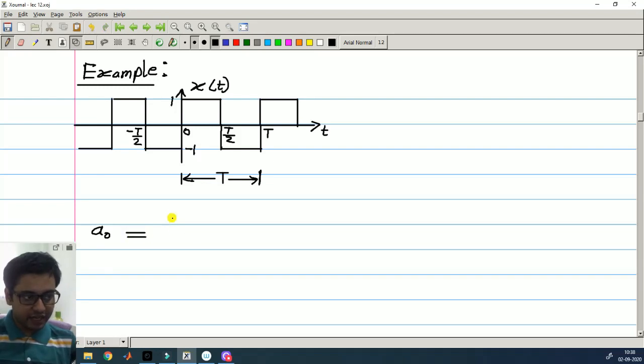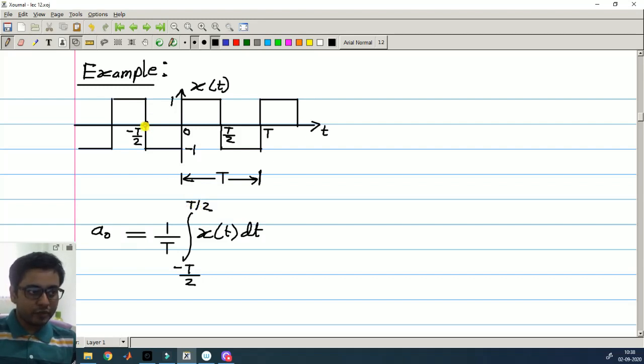So a0 can be written as the integration of x(t) dt over a complete cycle, divided by the period T. Now I can do this integration starting from any point of time as long as the total duration is the same as the time period of the signal. So for simplicity, let me do this integration from minus T/2 to plus T/2.